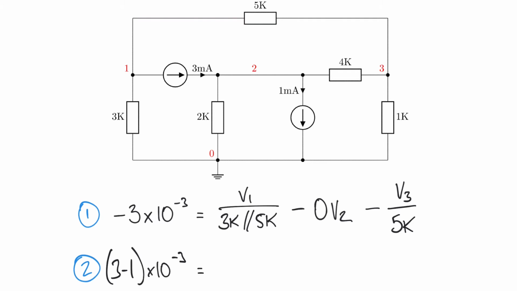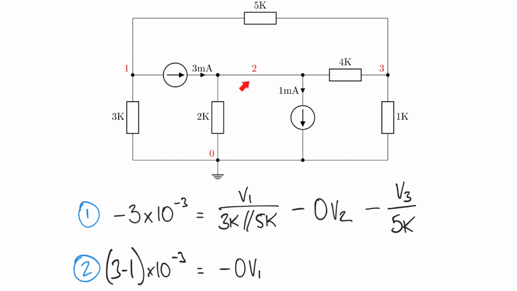Are there any resistive paths that take us directly from node 2 to node 1? No, again, we've discussed this current source before, but there's no resistive path, so that's minus 0 V1. To the node in question, we're at node 2 here. Any resistances directly connected to that node there?